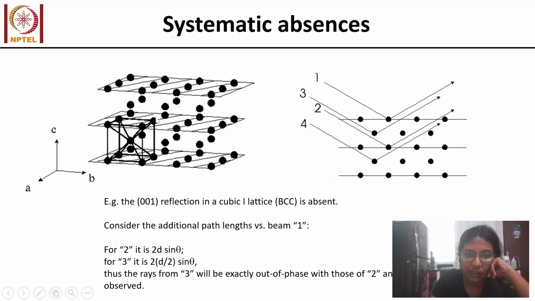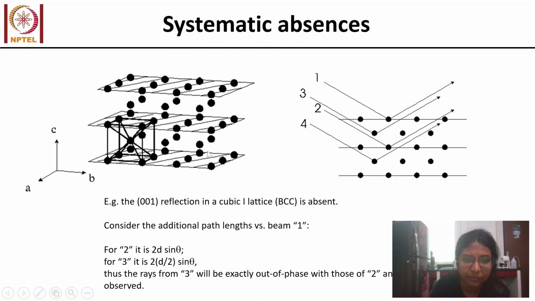If we index a unit cell, this is forming a body centered unit cell.